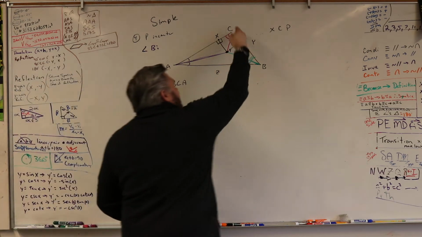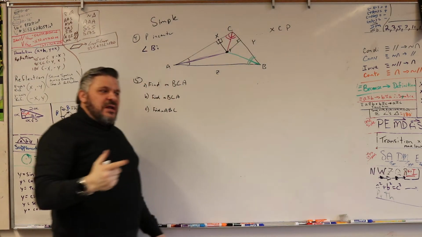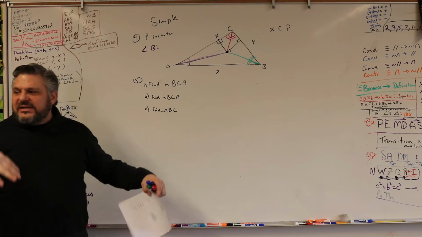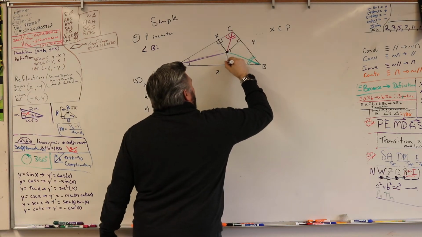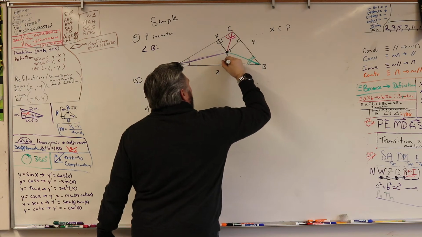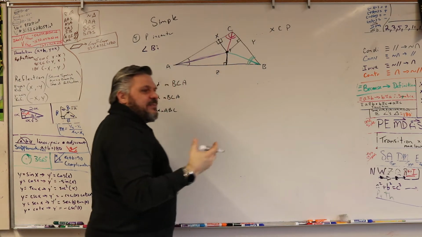So it doesn't cut the sides in half, right? It just creates these things called the radius of a circle. And the radius of the circle is always equal to itself, right?